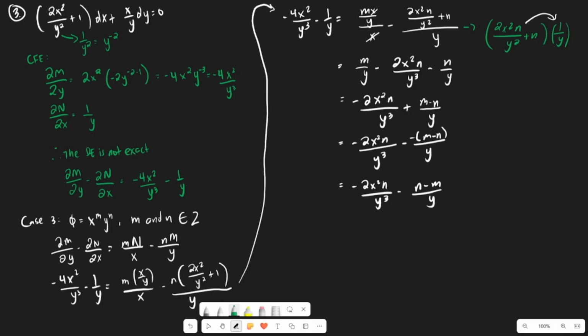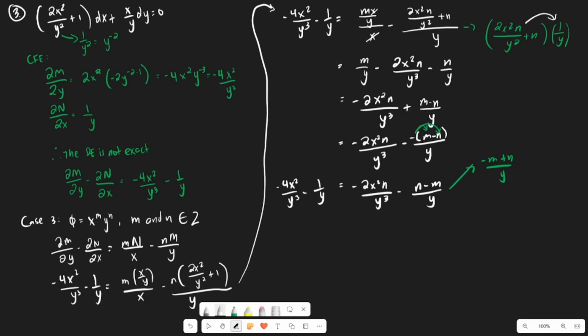Okay, so this is the same as negative m plus n over y, when we distributed this negative sign. Okay, so the next step would be to compare the left side of the equation to the right side of the equation.